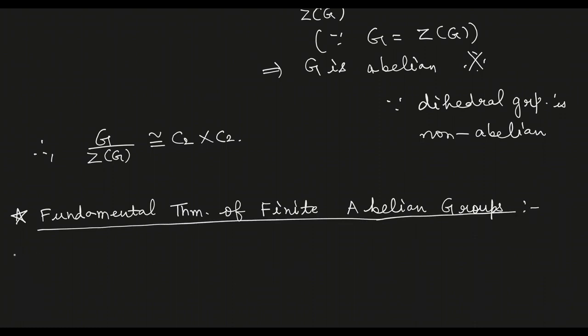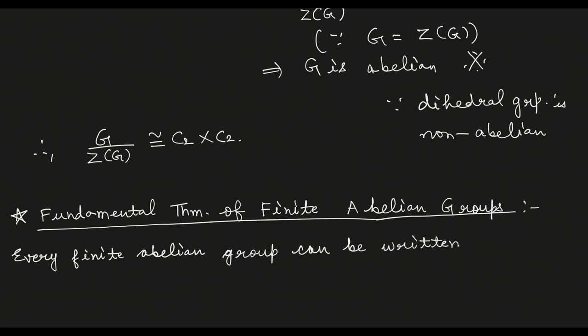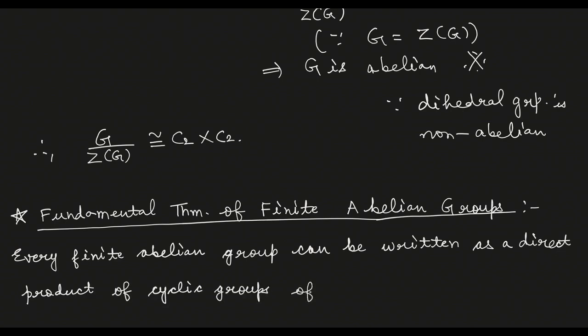Every finite abelian group can be written as a direct product of cyclic groups of prime power order.